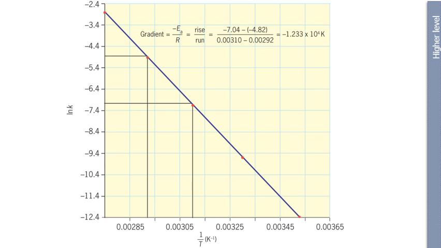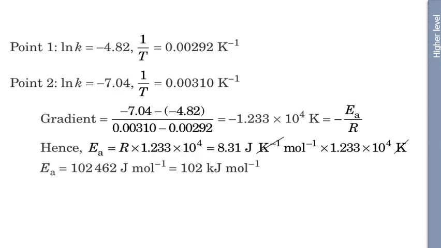Once you plotted it, the gradient you should have got would have been around about negative 1.233 times 10 to the 4 Kelvin, which will represent essentially negative activation energy divided by R.